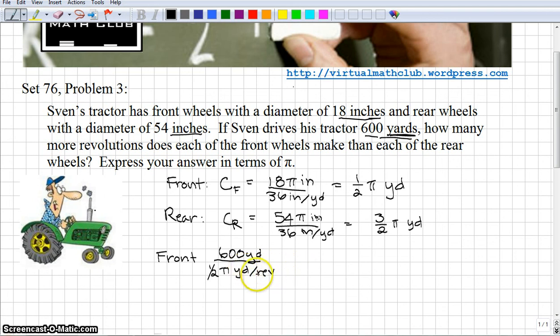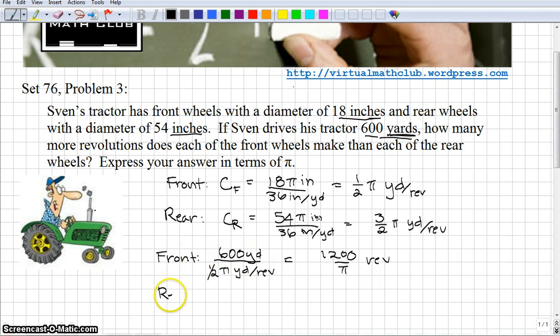So that's yards per revolution. This is how far you have to travel in order to make one revolution of the wheel. When we do that calculation, we get 1200 over pi revolutions when we travel 600 yards.